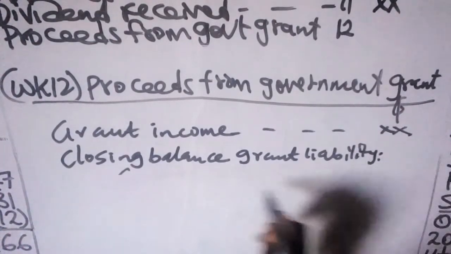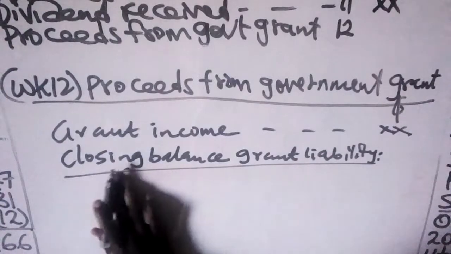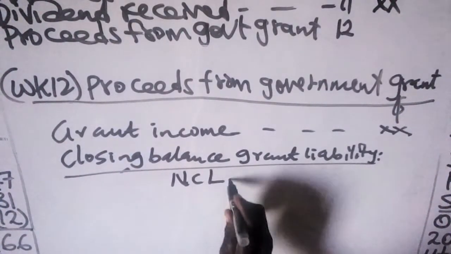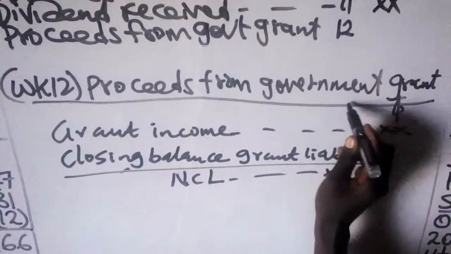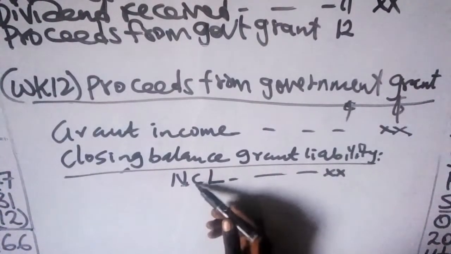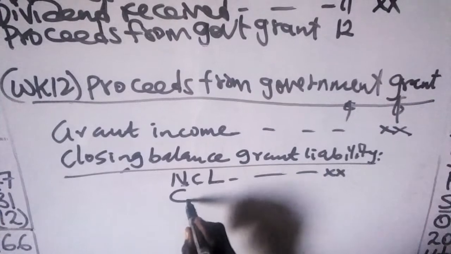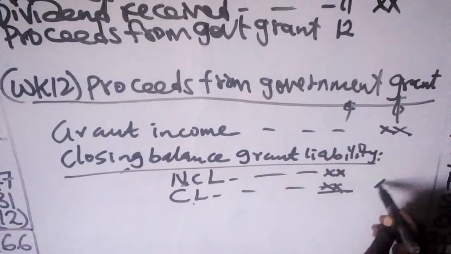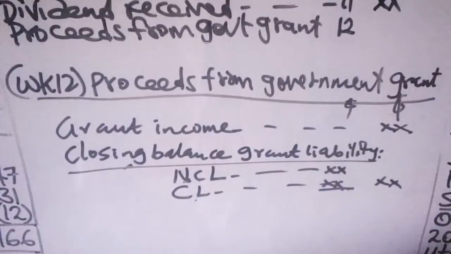This one you may have under non-current liability, and the one under current liability. CL is the current liability. So you add the closing balances.